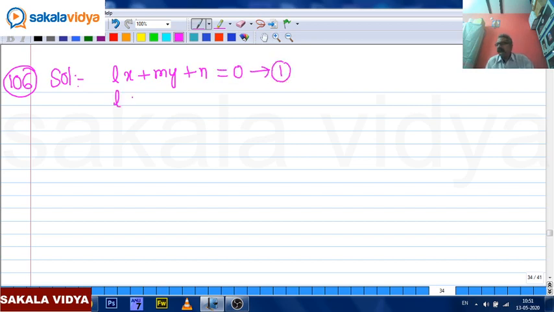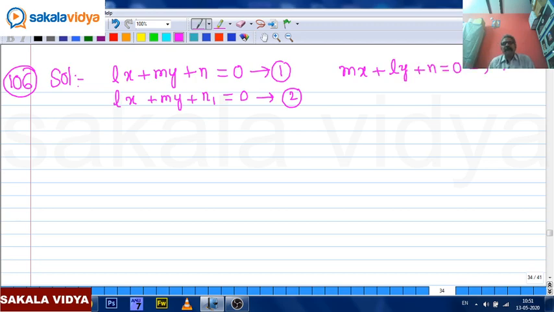Next equation, Lx plus my plus n1 equals to 0. This is the second equation. What is the third equation? Mx plus ly plus n equals to 0, equation 3. Mx plus ly plus n1 equals to 0. This is the fourth equation. So let us draw the figure now.